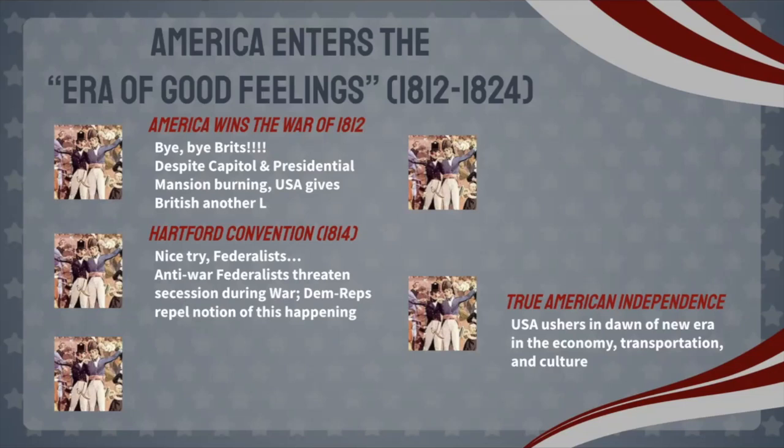They saw this as an act of treason to some degree, not literally prosecuted as treason, but members of the Federalist Party that attended the Hartford Convention were ridiculed. More on that in a moment. And see, the Dem Reps really solidified their power over the national government here. This is arguably one of the first times in American history we get talks of secession.